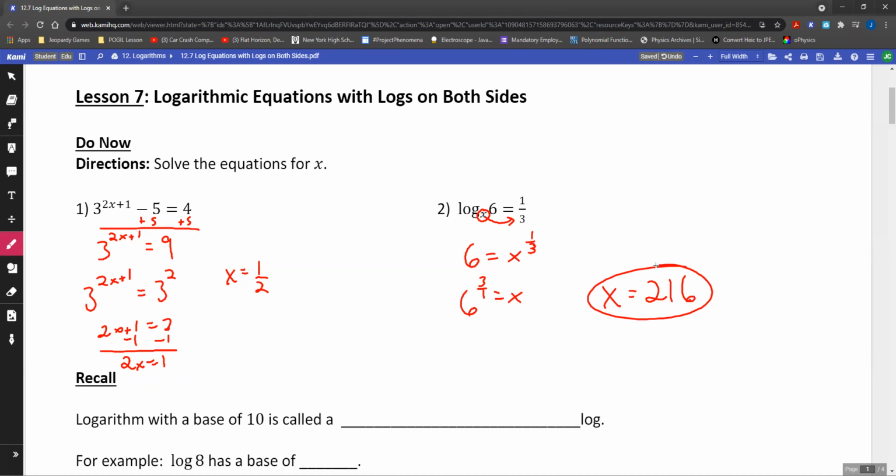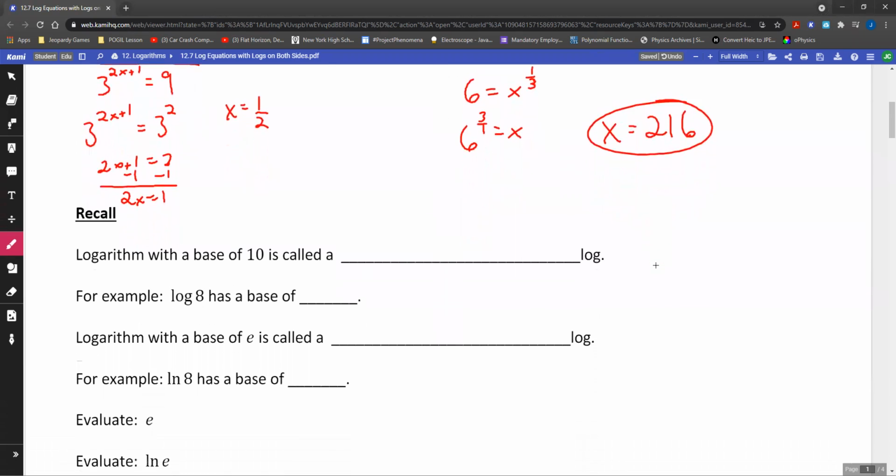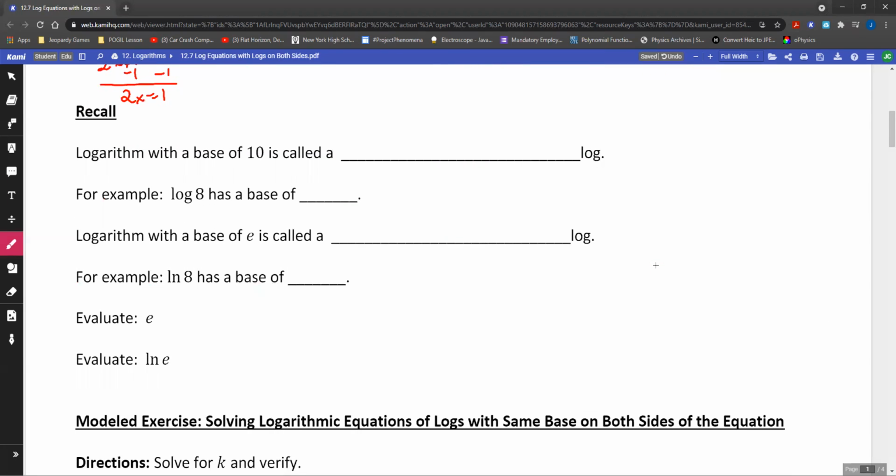All right, so just as a refresher, we have names for special log terms, like log base 10 is called common log, since it's the most common one that you'll see. So for example, log 8 has a base of 10. If they don't say what the base is, it's assumed to be 10. If we have a log term that's base e, we call this a natural log.